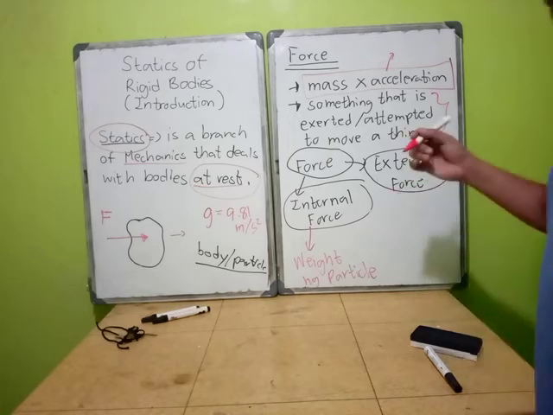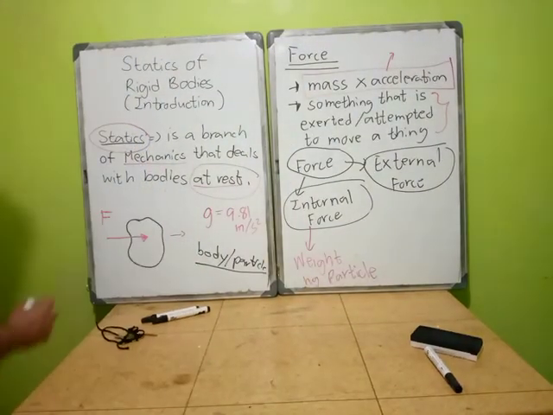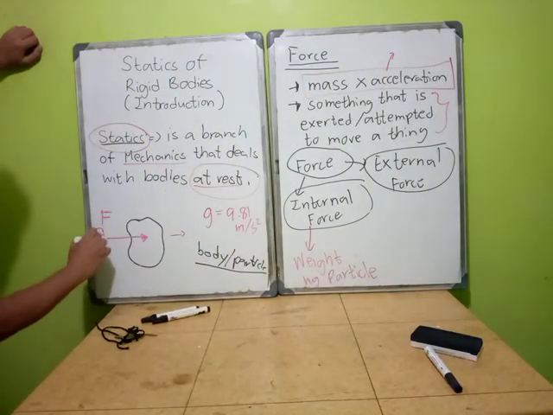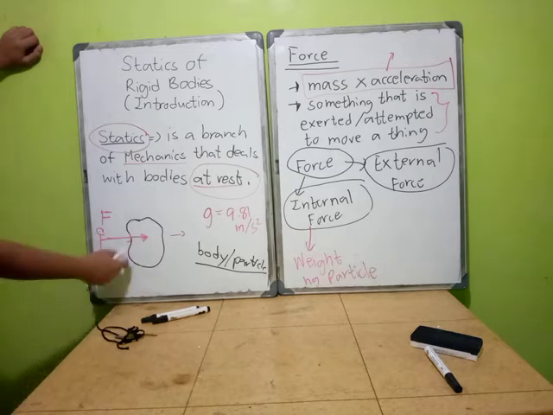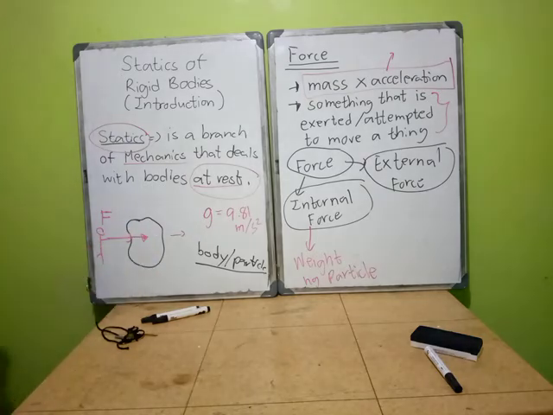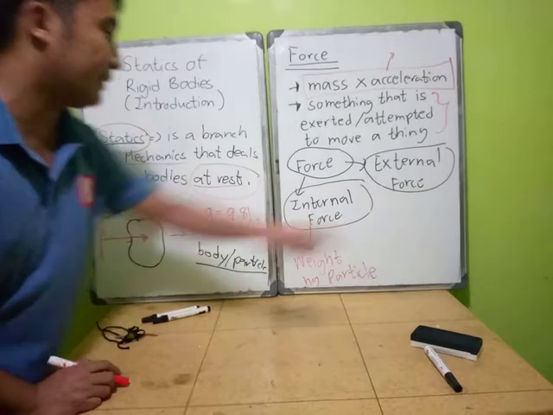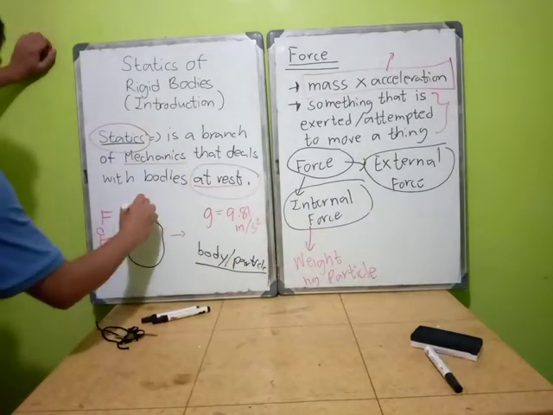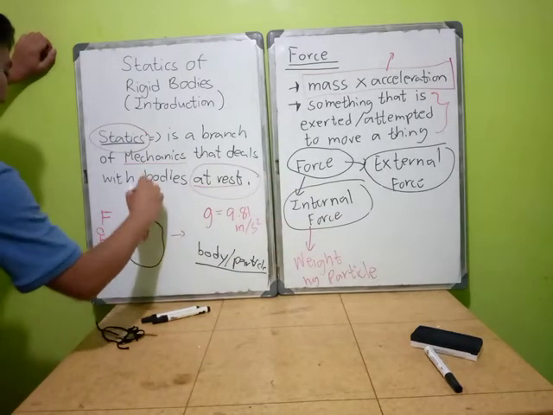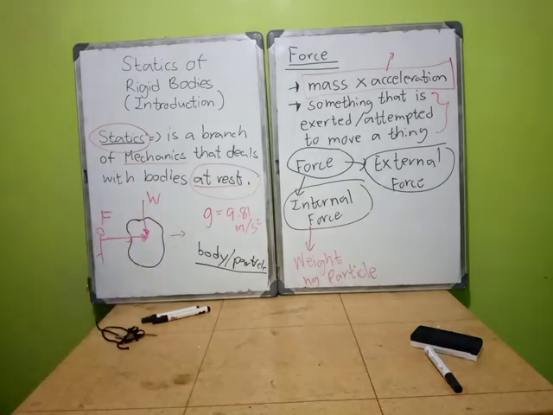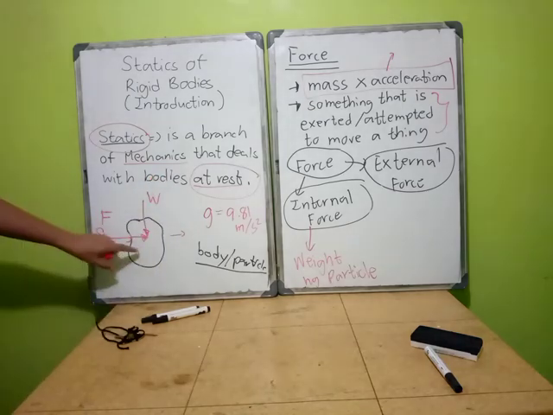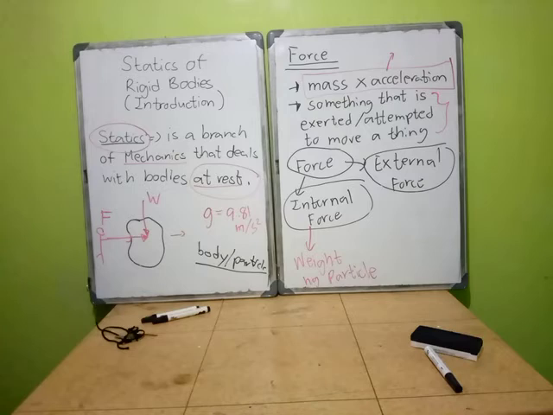For example, this is your particle and you are here, you are exerting force to push this object. So you are exerting an external force, while your internal force here is the weight of the object itself. So that is what we call the internal and external forces.